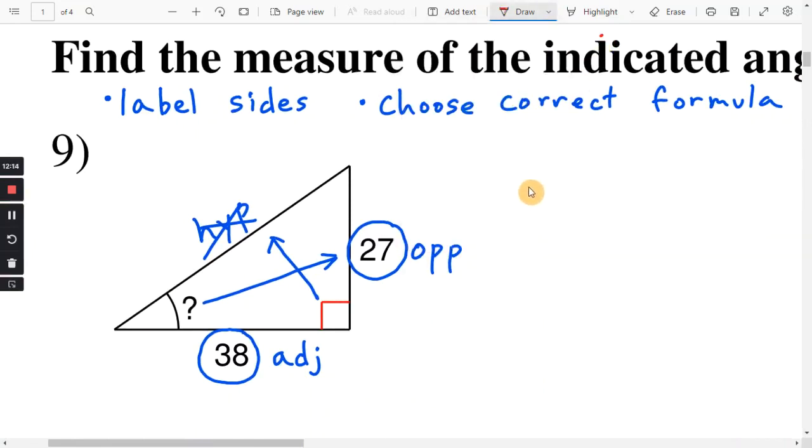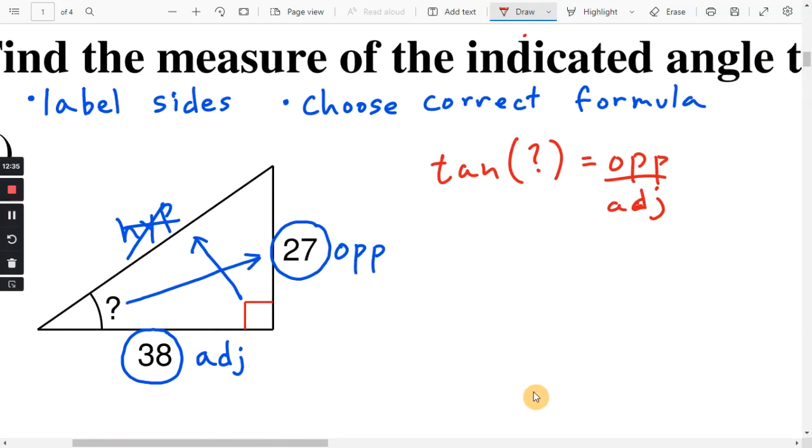So tan of the angle question mark equals opposite over adjacent. All right. So I just wrote the formula for now.